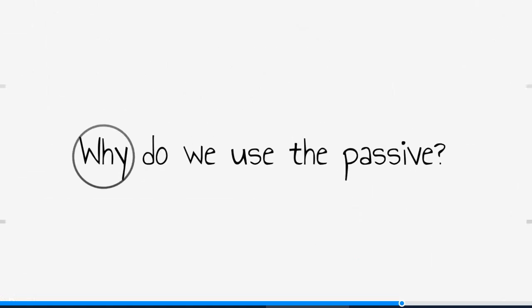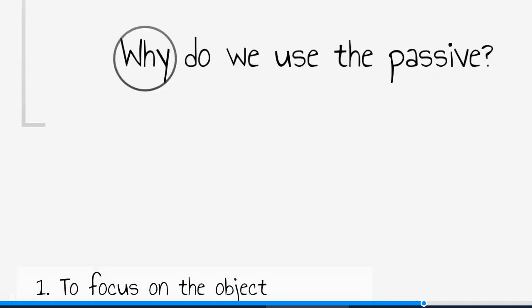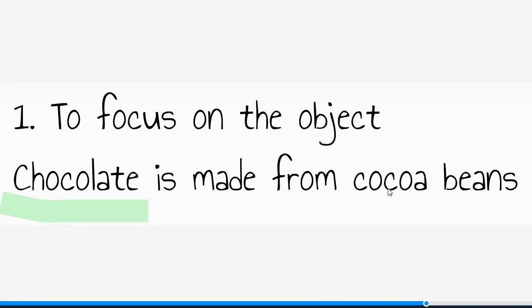Okay, now all in all, why do we use the passive form? Why do we change the sentence from active to passive? For example, when Ahmad made a mistake and my father came, instead of telling him, Ahmad made a mistake, I said, a mistake was made. Why do I use the passive form? Number one, because I want to focus on the object more than the subject.